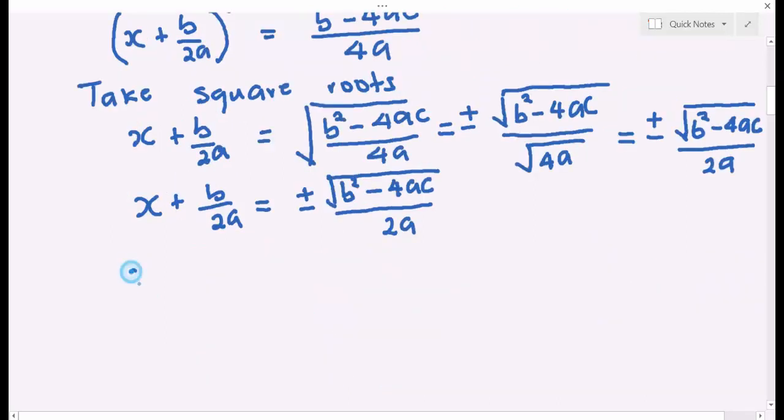So our x will become minus b over 2a plus or minus the square root of b squared minus 4ac over 2a.